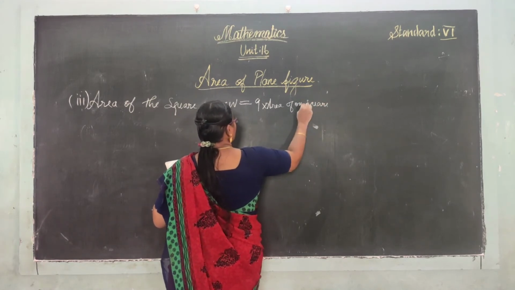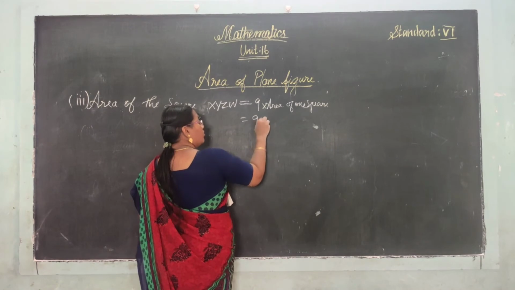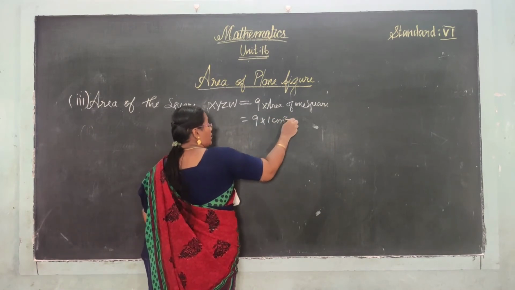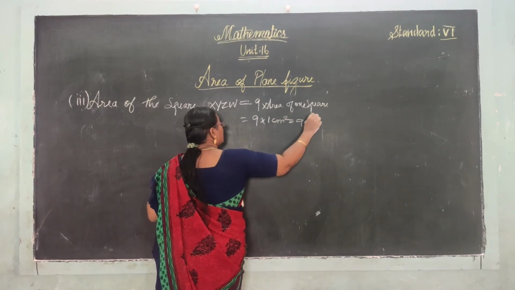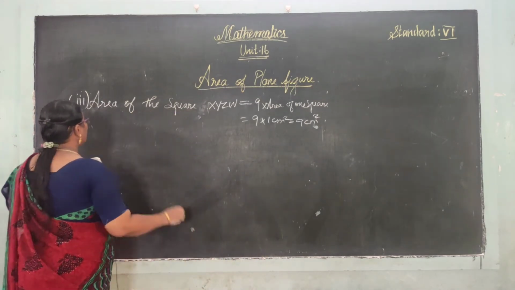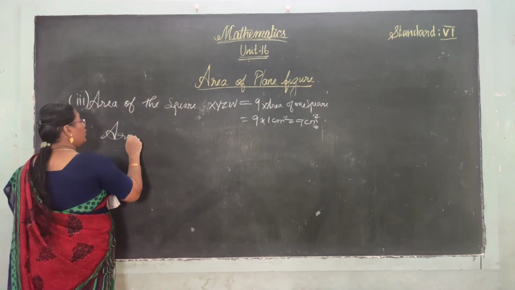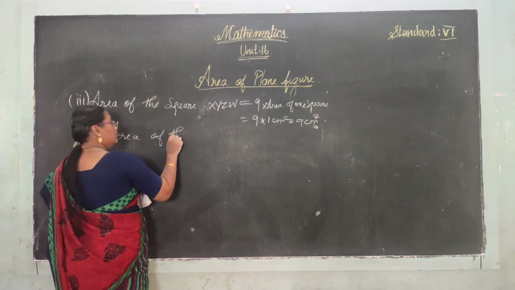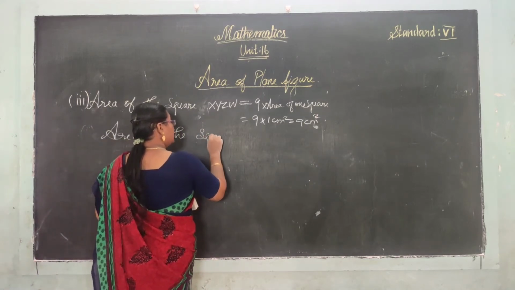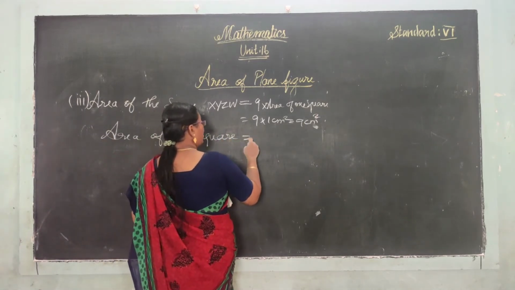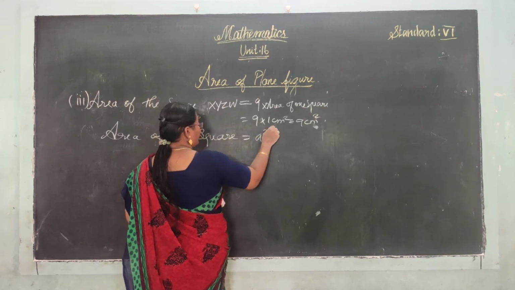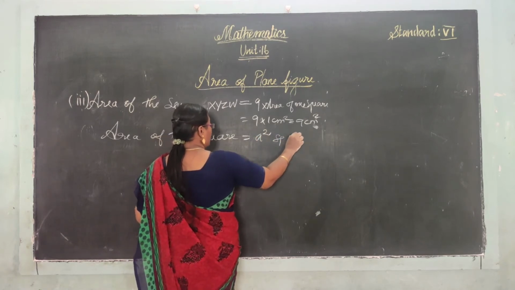Area of 1 square is equal to 1 centimeter square. So 9 centimeter square. Now using the formula, area of the square is equal to a square units.